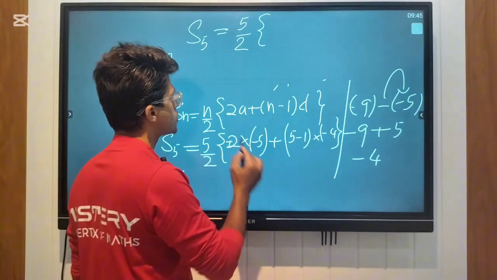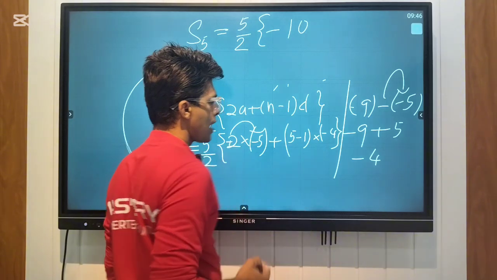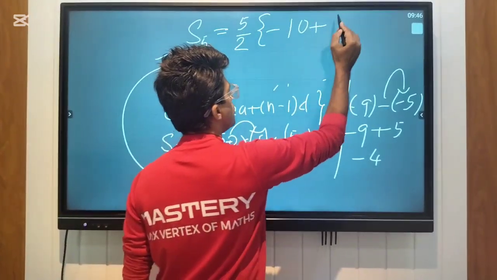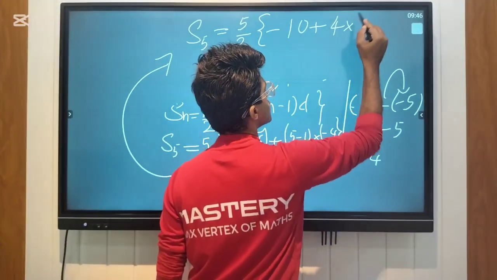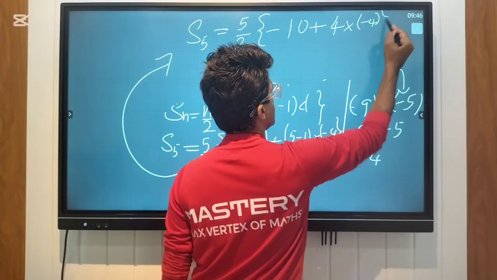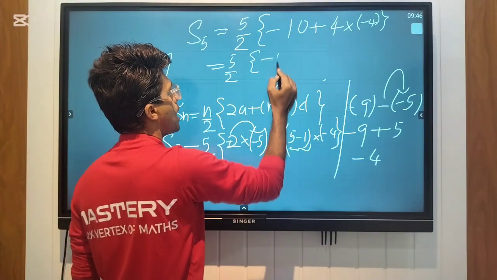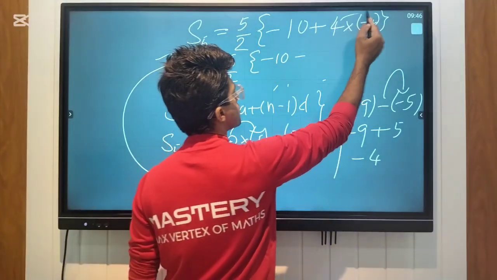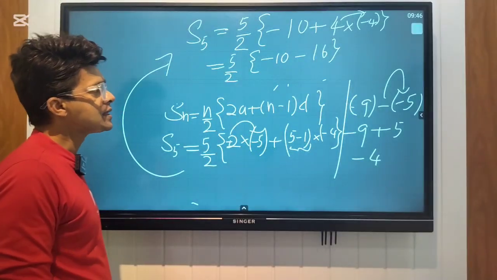Plus times minus is minus, 2 times 5 is 10. And here, first we get 5 minus 1 is 4, then times minus 4. So 5 over 2 times minus 10, plus into minus is minus, 4 times 4 is 16.